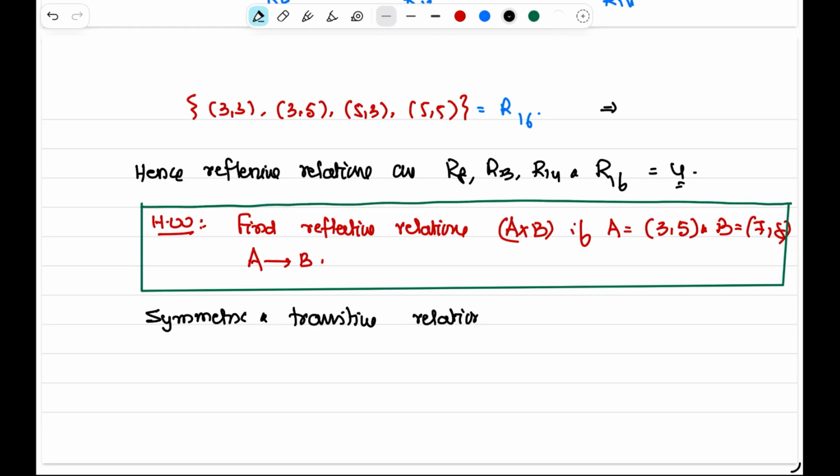About these relations, we will be learning in the subsequent classes. Please try to solve this problem for reflexive relations. Then we will take up symmetric relations.